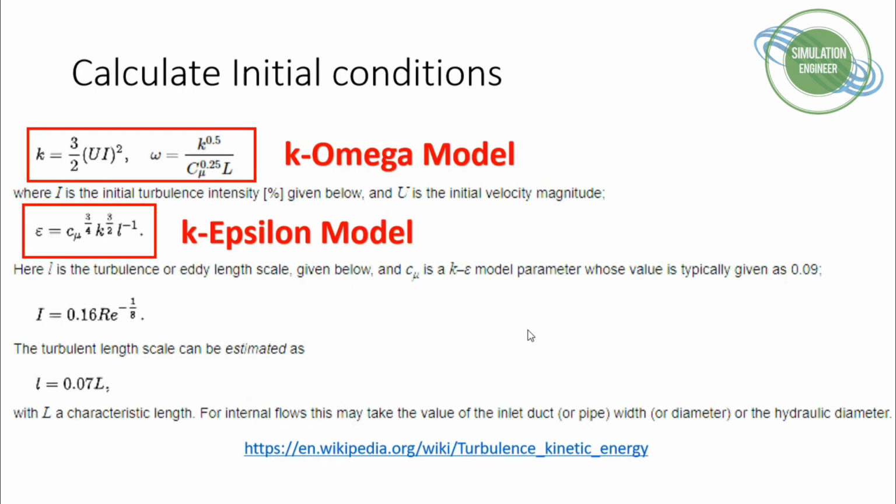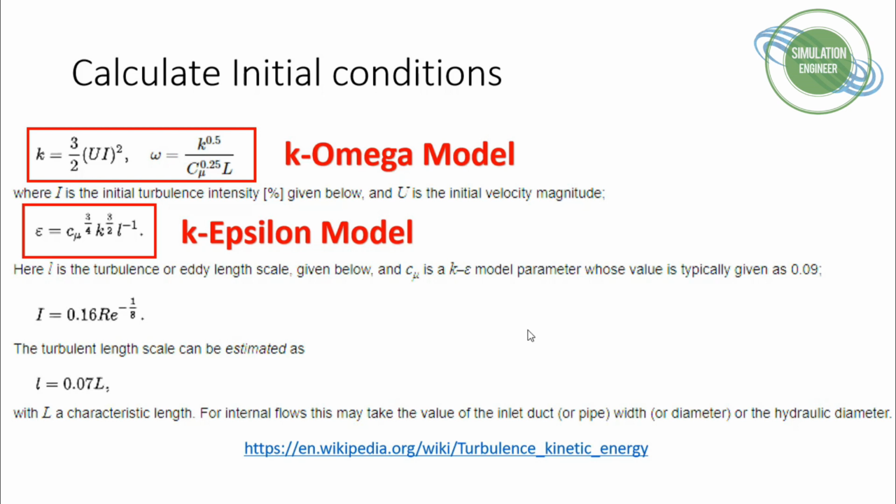Before you start specifying the boundary conditions, I would like to emphasize that you should make it a standard practice, for each test case or application area where you are performing your simulations, to calculate the initial conditions, which is really important.